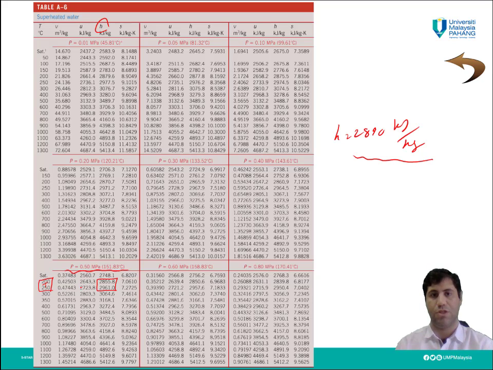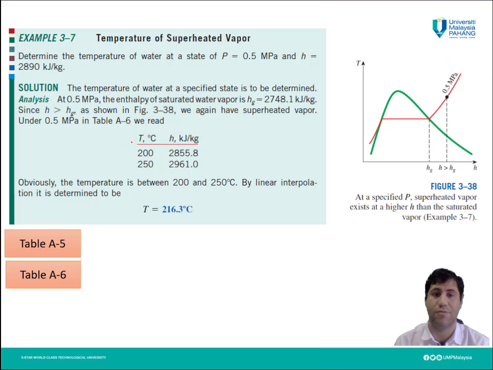According to the video which you have already seen, we can do a linear interpolation to find the temperature for the enthalpy which we have here. Let's see how we can do this interpolation.